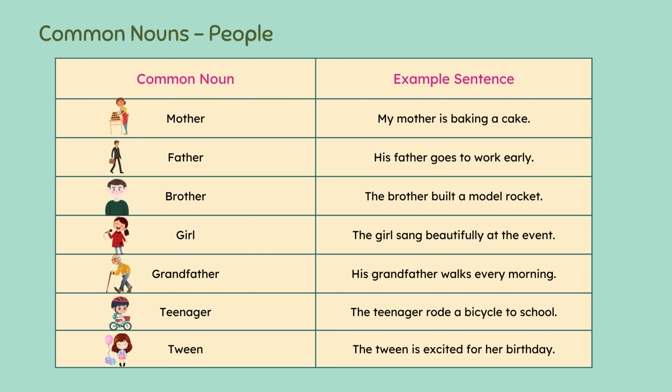Teenager is a general word for a young person. Tween. The tween is excited for her birthday. Tween is also a common noun. It refers to a child between about 9 and 12 years old. These are all examples of common nouns because they name general people, not specific ones.